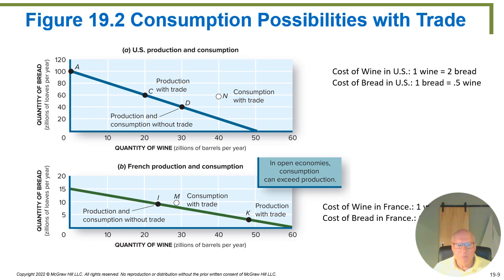And when we move to point I, we have 25 units of wine and 10 units of bread. If you look really closely at the numbers, it's a 4-to-1 ratio. In other words, for every loaf of bread the French gain, they have to give up 4 units of wine. And you can see that, right? The distance here of collapsing wine to get this much bread is quite a considerable amount of wine.